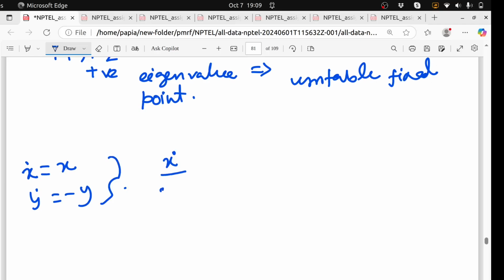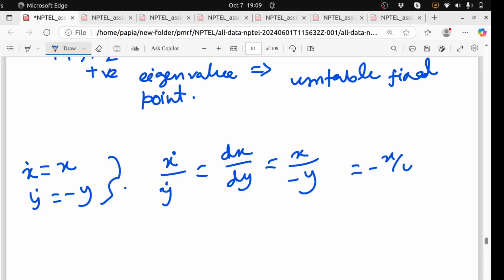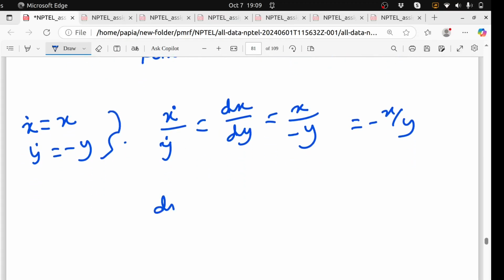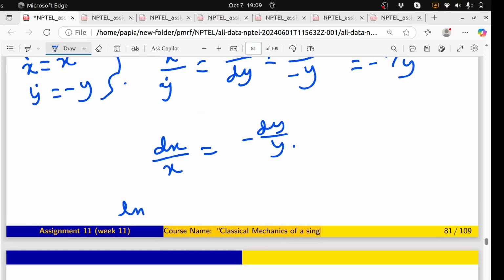So dx by dy is x by minus y, so minus x by y. Right? So we can see that dx by x equals to minus dy by y. After integrating, it will come as ln x equals to minus ln y plus ln c, which will be ln c by y.